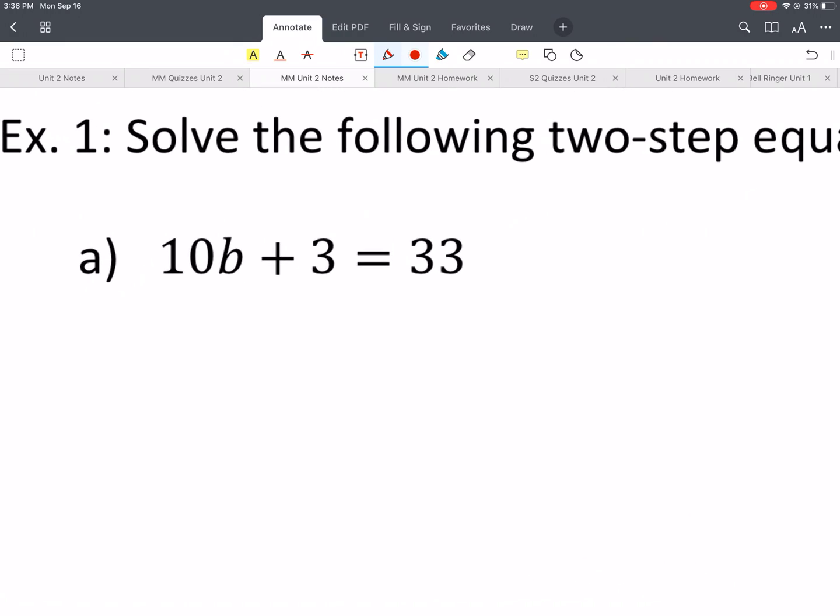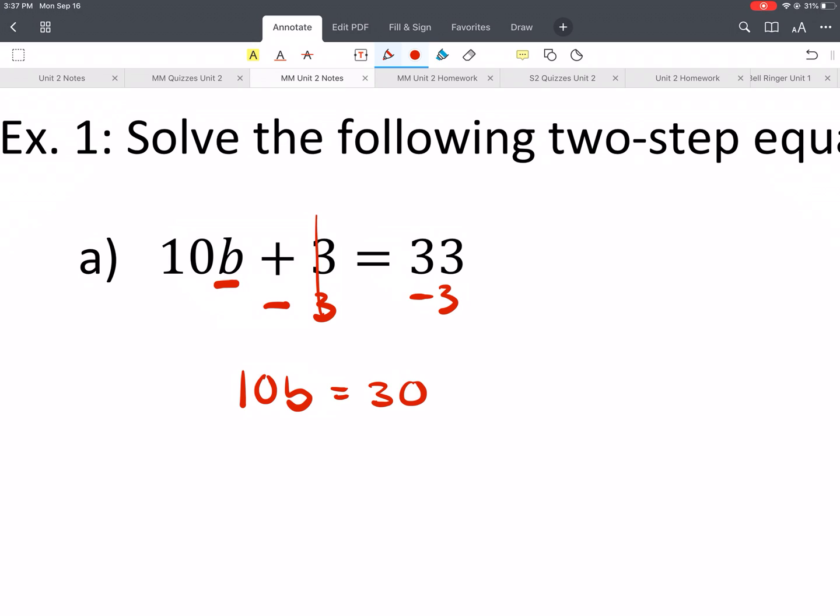Okay? So let's do some examples of that. We want to get b by itself. And remember, if we're doing the opposite of PEMDAS, we need to do adding and subtracting first. So here we would subtract 3 from both sides. That would give us 10b equals 30. Those would cancel, and we've done our adding and subtracting. Now we'll do our multiplication and division. So here we would divide by 10.